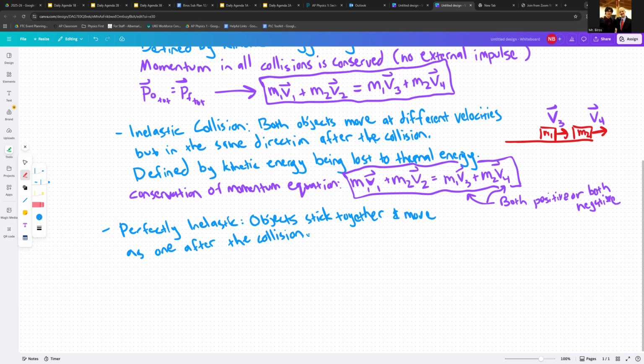Okay, let's draw what that looks like for a visual here. So object one comes in and hits object two. After the collision, both object one and object two are now stuck together. Leave a little more room for my objects there.